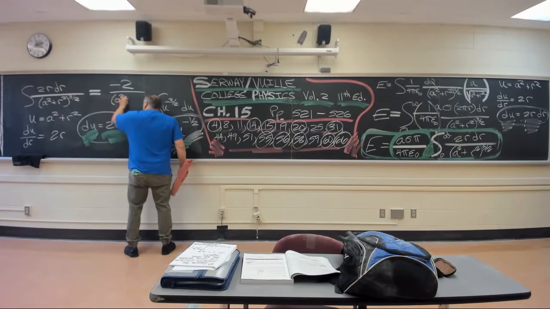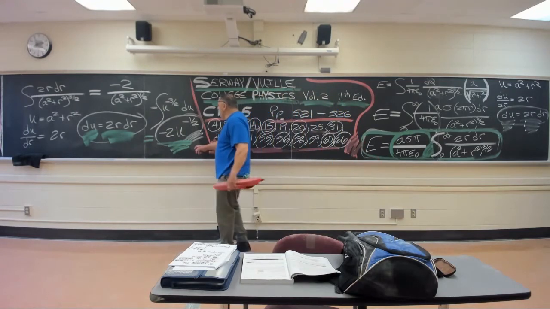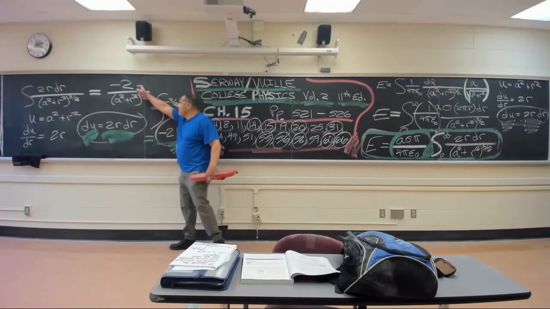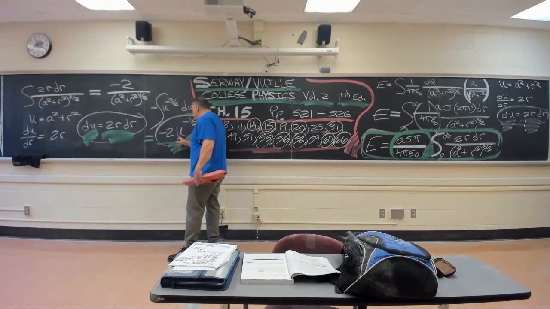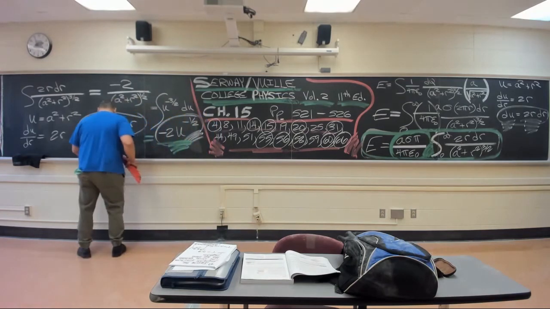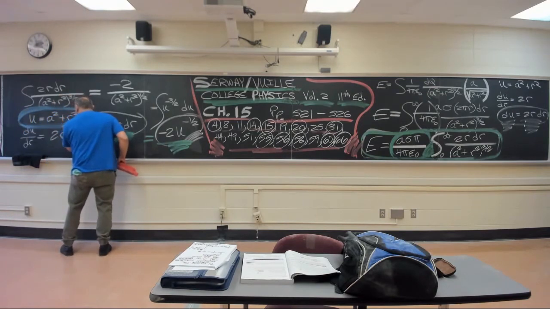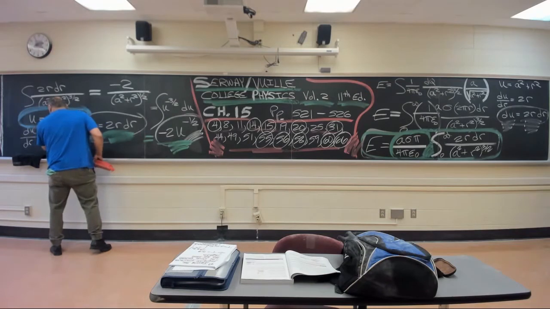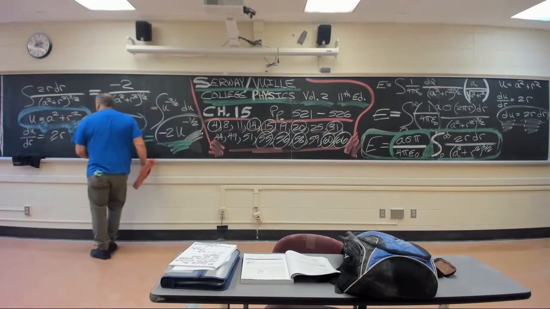Yeah, I know. To the 1/2. Negative 2 is -2. u to the -1/2 is, well, u is the square root of the, no, forgive me, it's not the square root. u is just this. u is that. u is a squared plus r squared.